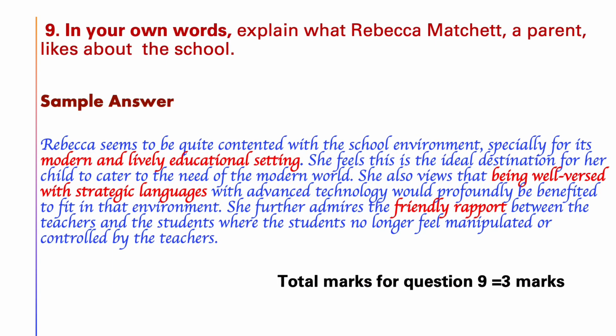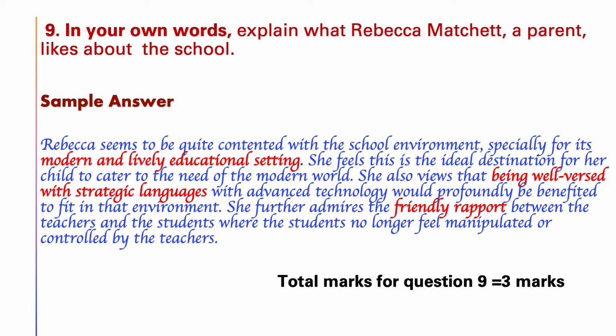This is the sample answer I have written for you. Rebecca seems to be quite contented with the school environment, especially for its modern and lively educational setting. She feels this is the ideal destination for her child to cater to the need of the modern world.